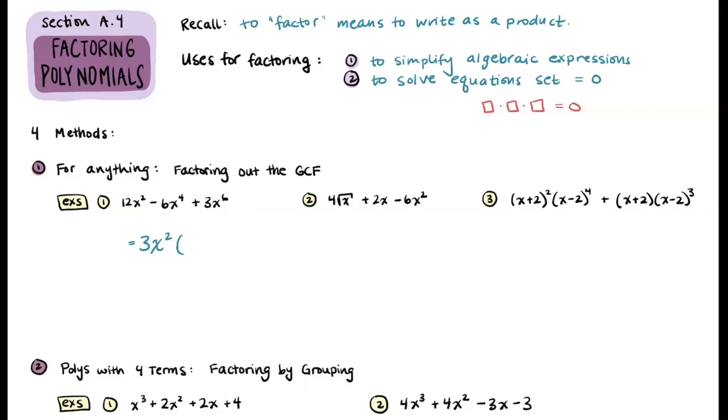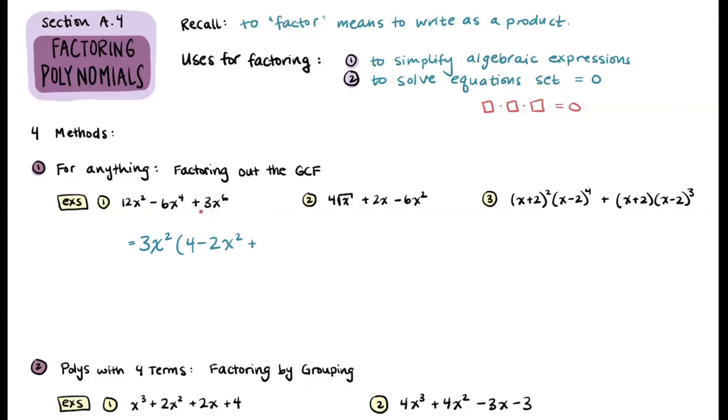Okay, then what we have left from this first term will be a 4. Then we've got minus, okay, the second term here, we factored out a 3, so we've got 2 left. We factored out x squared from x to the 4th, so that'll be x squared left over. Then in our last term here, we factored out a 3, so we have a 1. And then we factor out x squared from x to the 6th.